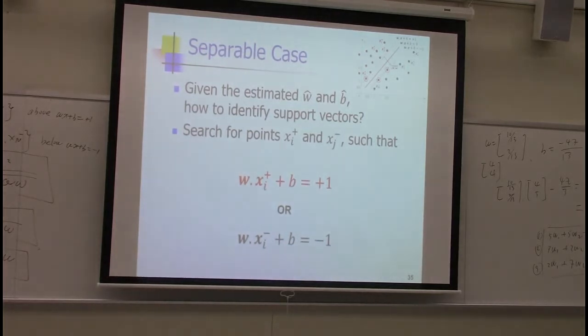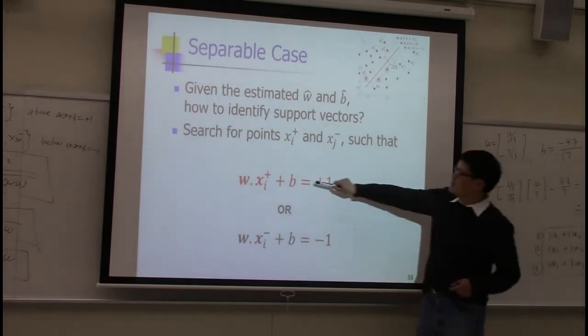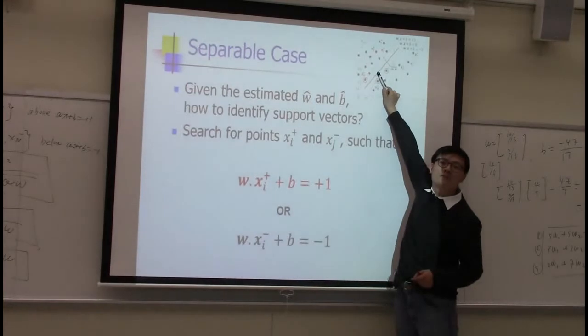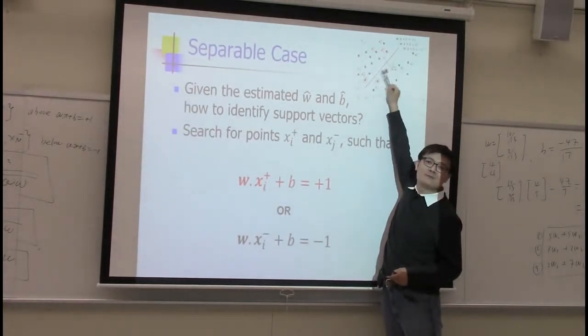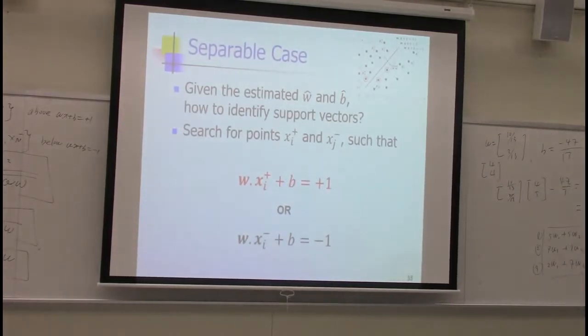Question? Yeah. What if it is 0, like W x plus b? It cannot be 0 because, here, if this is equal to 0, which means the point is on the line. But it's impossible because the margin should not include any points for separable cases. Right?